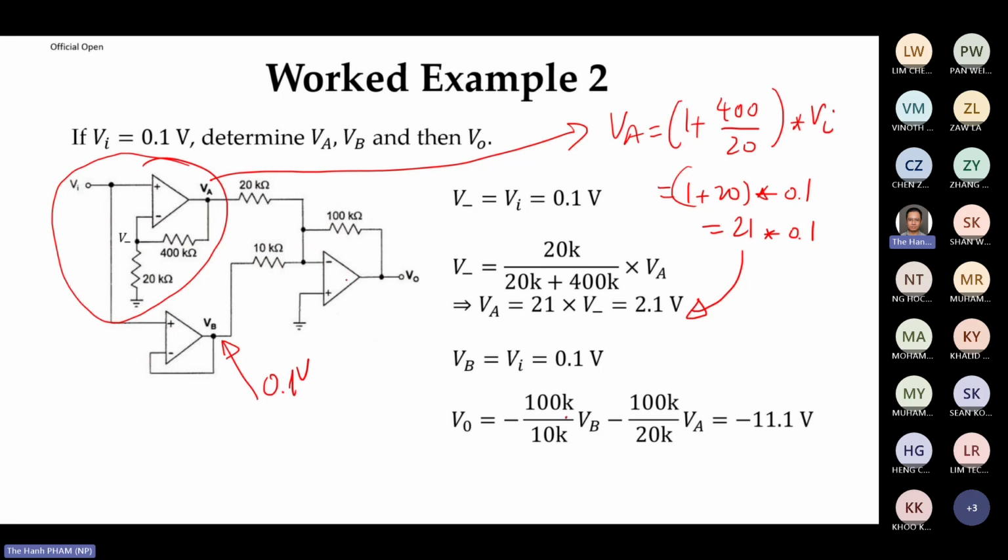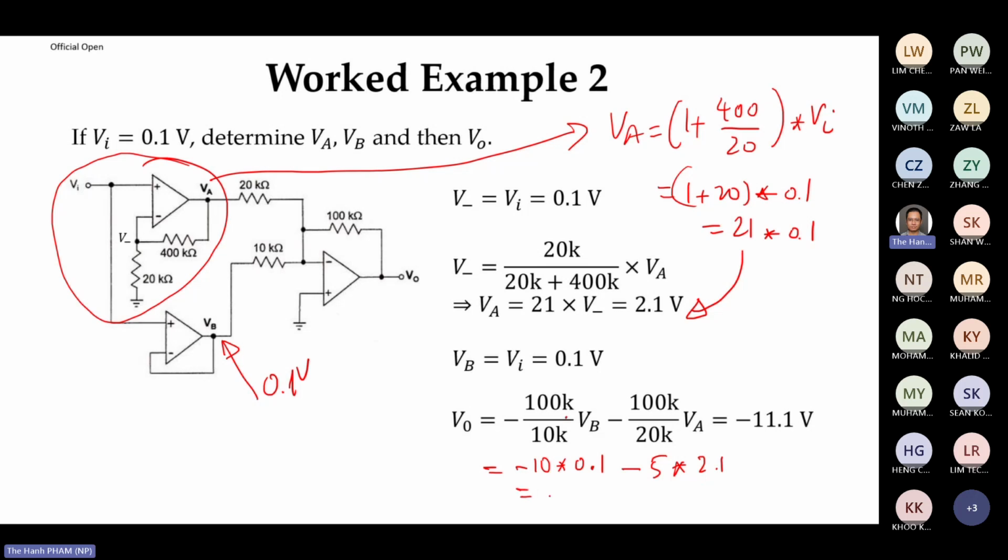And now when you have this voltage and this voltage, this is a summing amplifier. So just 100 divided by 20 times 2.1, and 100 divided by 10 times 0.1. So we have 100 divided by 10K, so we have 10 times VB, which is 0.1. And this is 5 times 2.1.